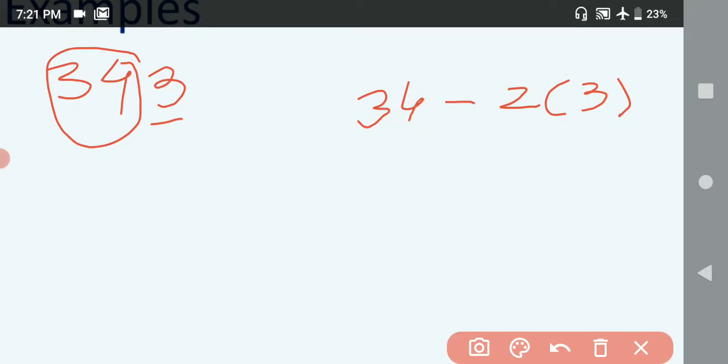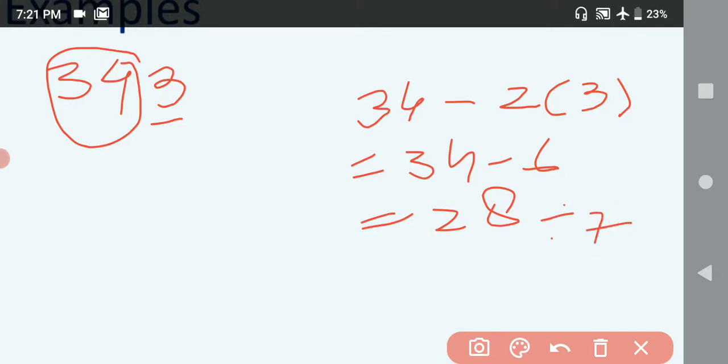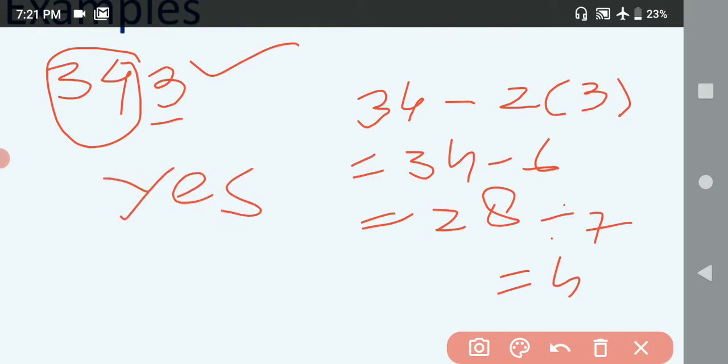So 34 minus 6 gives 28, and 28 is divisible by 7. This will give 4. As 28 is divisible by 7, therefore the number 343 is divisible by 7.